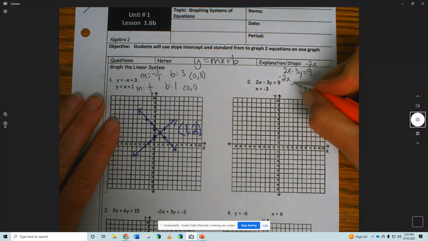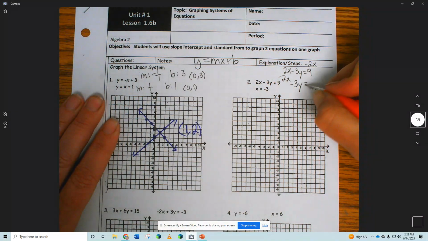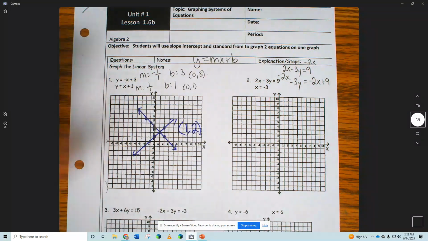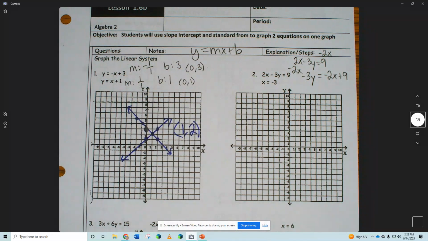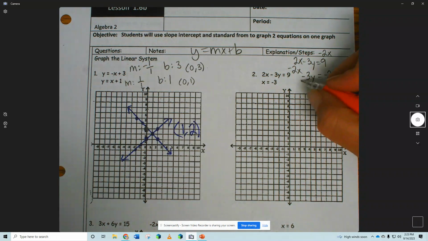So there's still a negative in front of the 3y. Negative 2x plus 9. And then what? I want y alone. Divide by negative 3. Let's take the negative with it.